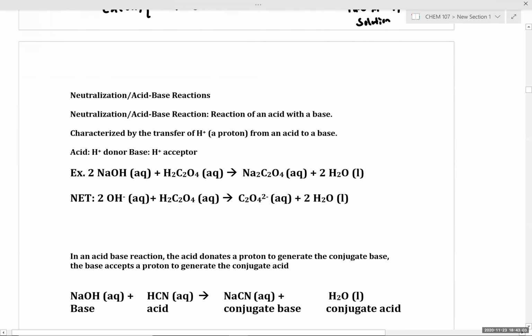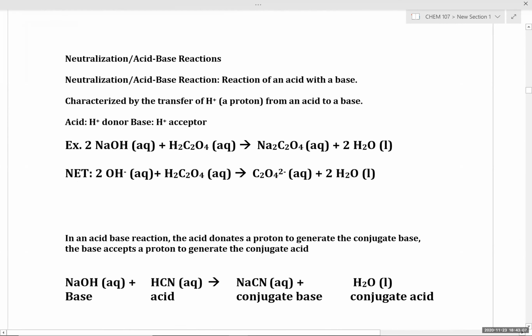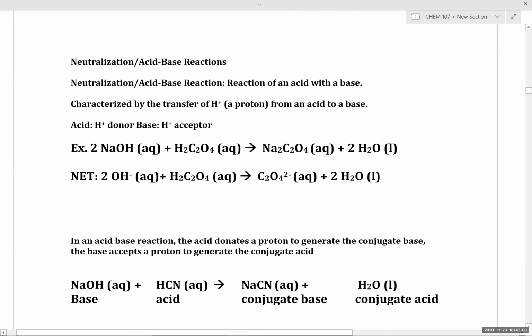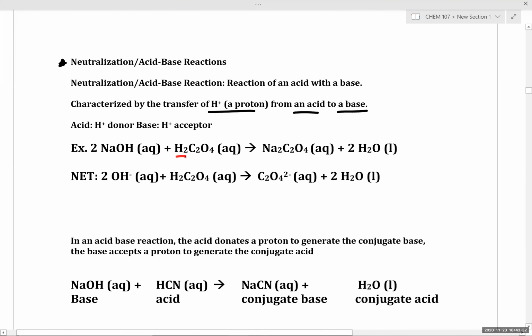Okay, so let's talk about a classic pattern of reactivity observed in acid-base reactions, and that is a neutralization reaction, otherwise known as an acid-base reaction. It's characterized by the transfer of H+, a proton, from an acid to the base. So in this case, we are transferring a proton in the reaction of sodium hydroxide and oxalic acid.